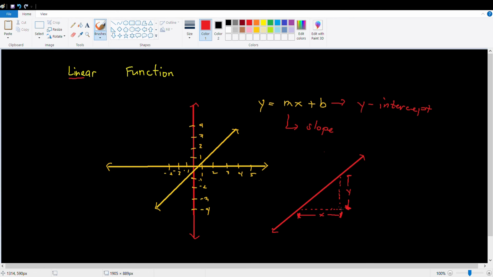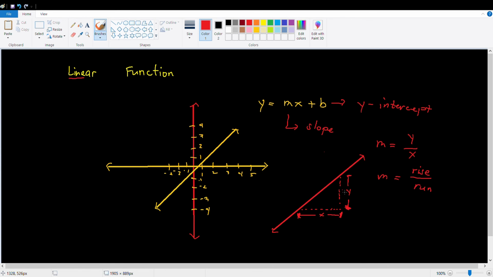So I want you to know that this is the formula for the slope, the change in y relative to the change in x. So we have m is equal to Δy over Δx, or simply m is equal to rise over run.